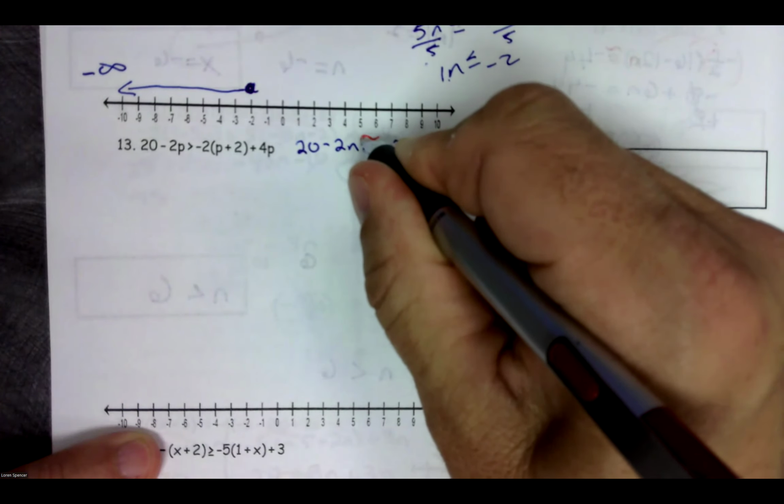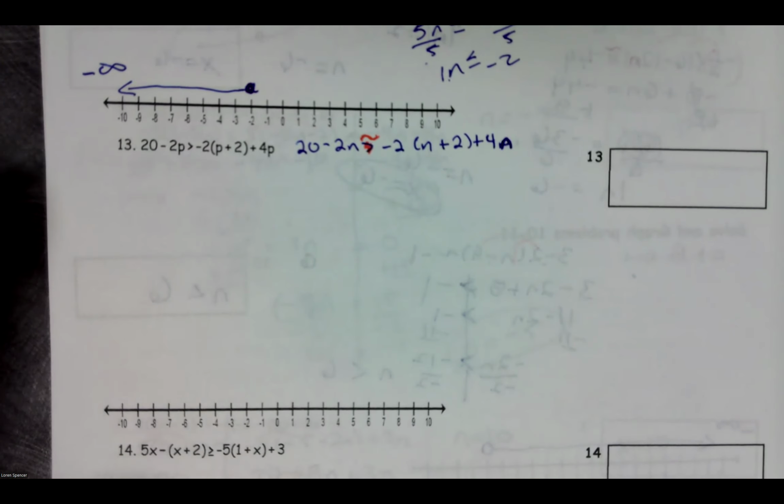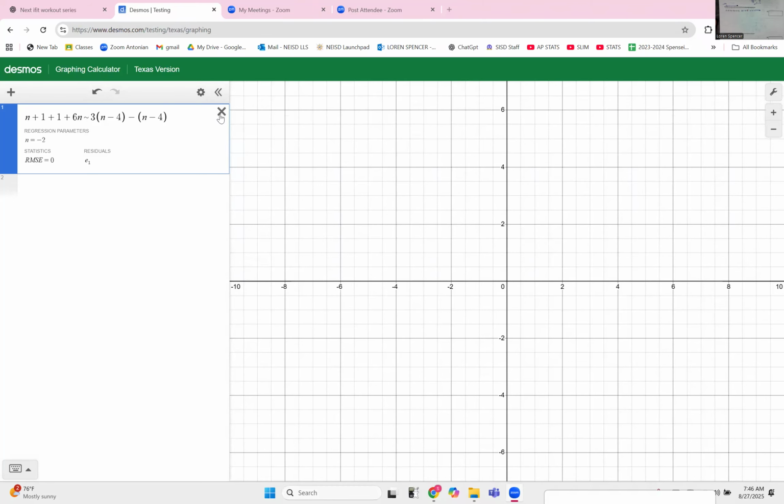We have to use the squiggle for Desmos. Okay? So switching back over to Desmos. 20 minus 2n.